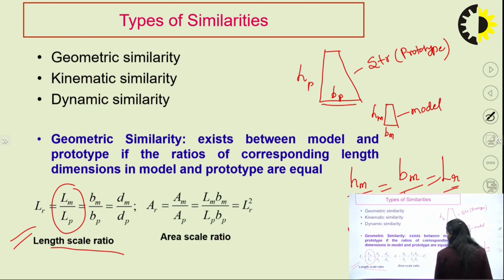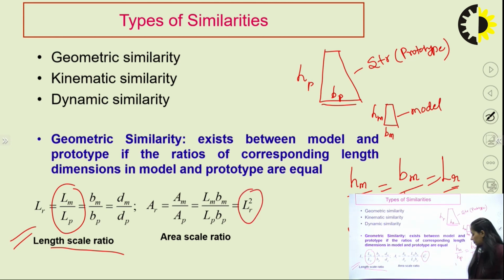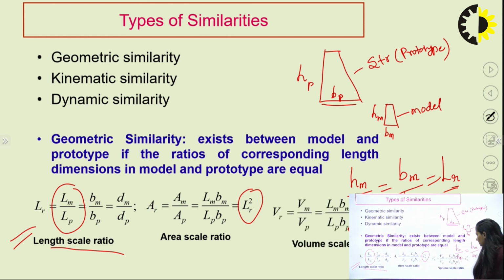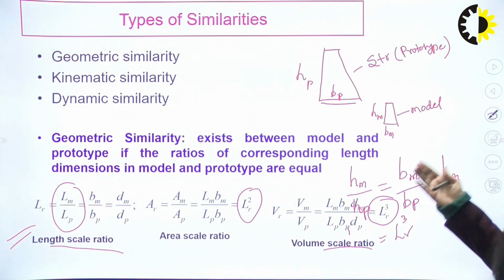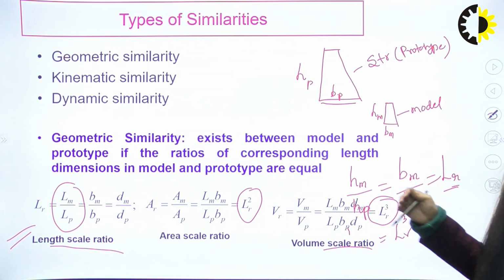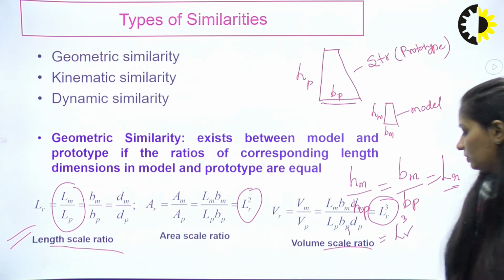In a similar manner, you can define the area scale ratio, which will obviously be LR squared. Here you can see the derivation of the area scale ratio, and the volume scale ratio is equal to LR to the power 3. So this is how we define length scale ratio, area scale ratio, and volume scale ratio.